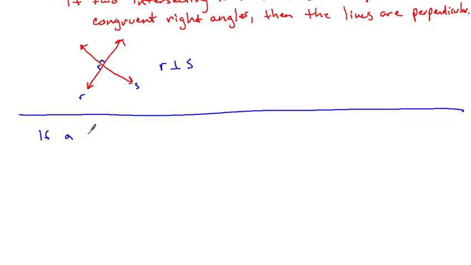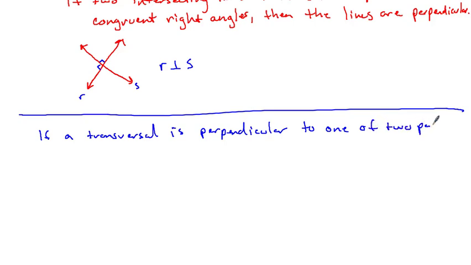So if a transversal is perpendicular to one of two parallel lines, then it's perpendicular to the other line.